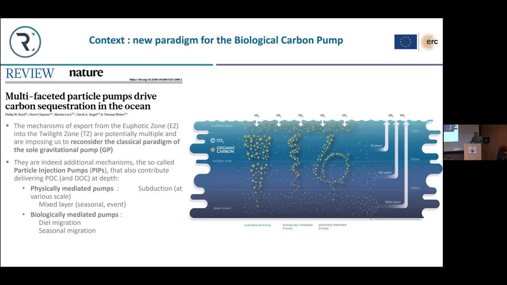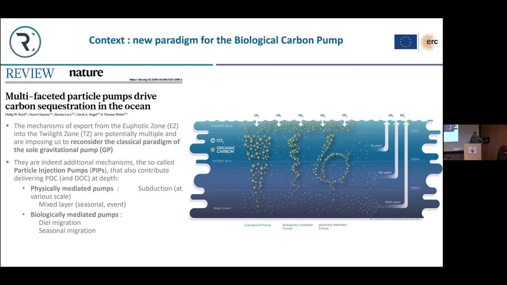To set up the context of this presentation, there is a paper by Phil Boyd that organized our conceptual view: besides the biological gravitational pump, we can categorize the biological carbon pump into two complementary pumps, the physical particle injection pumps.